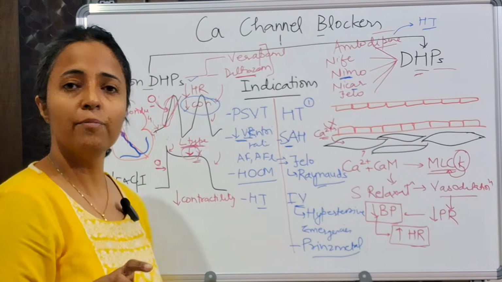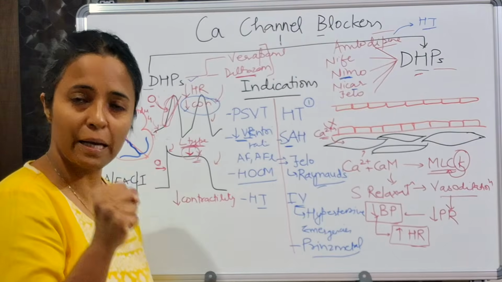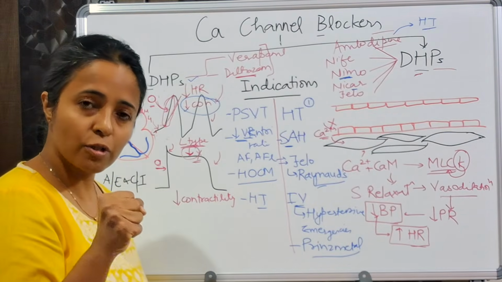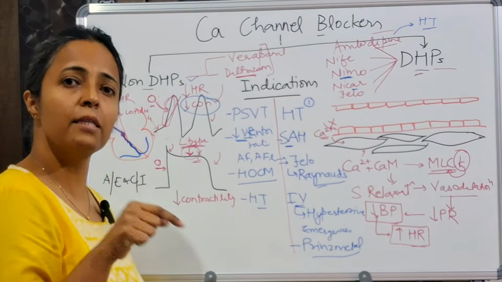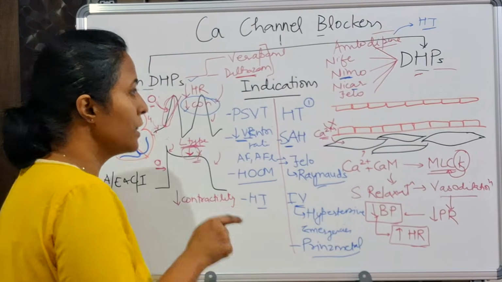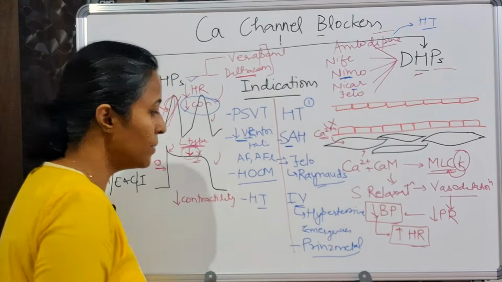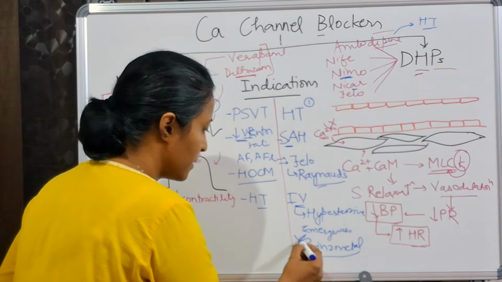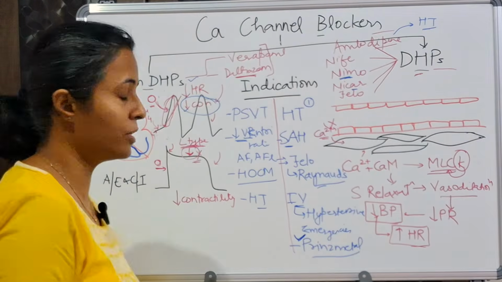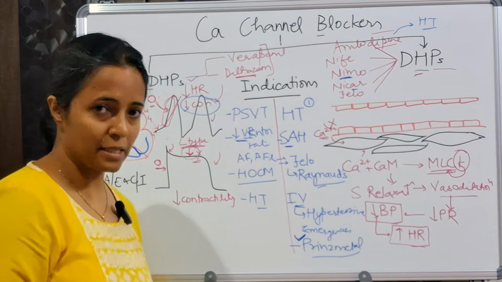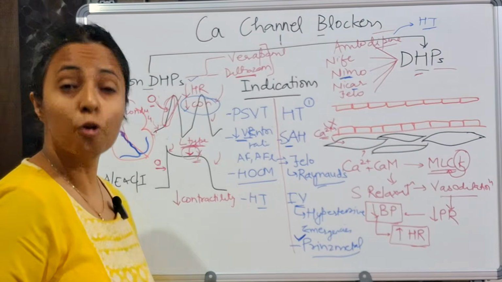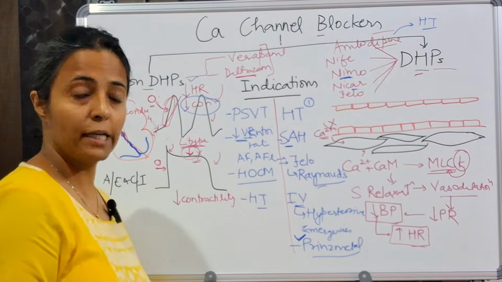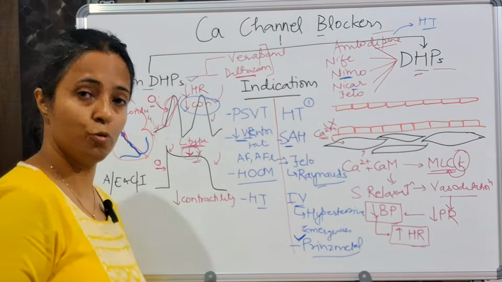Okay, so there is a constriction of the coronary vessels, so the diameter is decreasing, hence there is a decrease in the blood flow. In that case, these CCBs are the preferred drugs in Prinzmetal angina. In fact, they can be used in classical angina also, but only when beta blockers are not tolerated by the patient or they are contraindicated. So in that case, CCBs can be used.